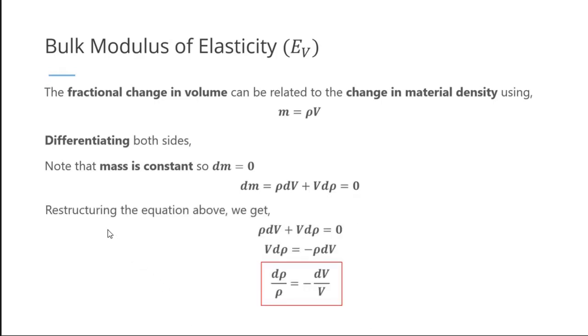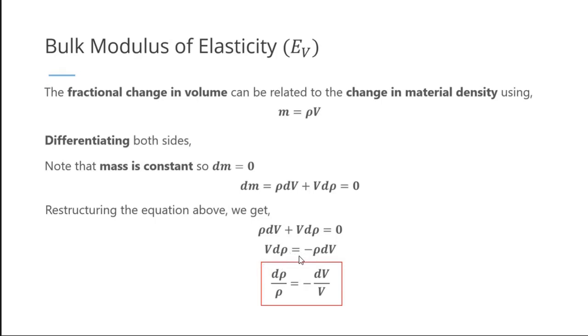Okay, restructuring the equation above, we get rho dV plus V d rho is equal to 0. We need to transfer this rho dV to the right hand side of the equation. We get V d rho is equal to negative of rho dV. So now we need to combine the expression with same variable.